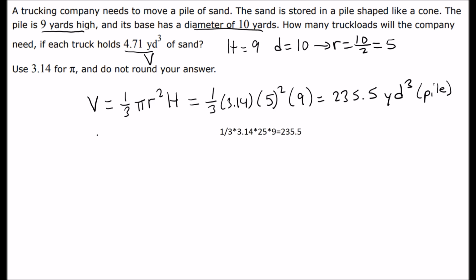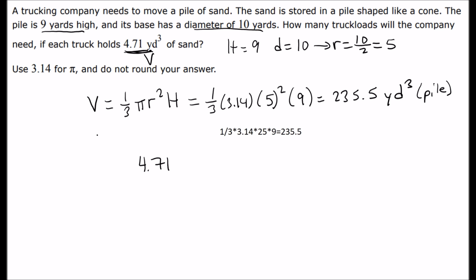Okay, so remember that since this is for the pile of sand, this is actually the volume of the trucks, and multiple of them. Okay, so for example, 4.71 cubic yards of sand. Well, we have to figure out that times how many trucks.